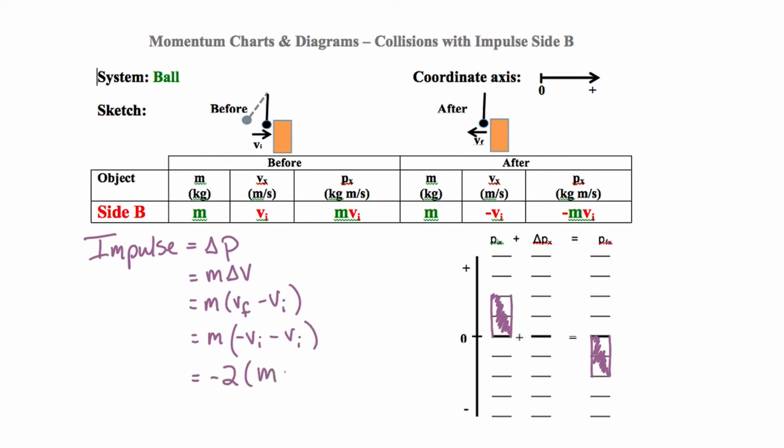So that gives me minus 2 times mass times initial velocity. So in other words, we've got double the initial momentum, only it's negative this time. So I've shaded in 4 blocks below the 0 line to indicate our change in momentum.